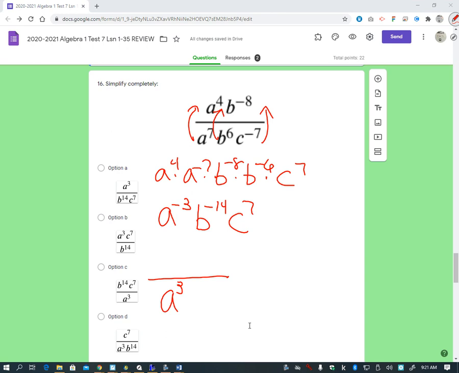Where does B go? Goes down to the bottom, and what happens? 14. Okay, C stays at the top. All right. Now, hopefully, and I don't know if you've caught on to this, right? You see the work that I'm doing, right? I expect that same work to be done on your test, okay? So if you saw that exact same question, I don't want to see C to the 7th over A cubed B to the 14th, right?